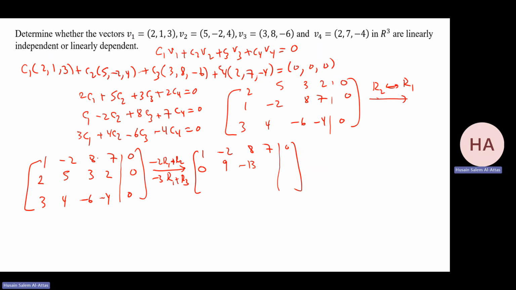What strange numbers. Minus 2 and add, minus 14 plus 2, that will be minus 12. Multiply by minus 3 and add, that will be 0. By minus 3 and add, that will be 10. By minus 3, minus 24 and minus 6, that will be minus 30. By minus 3 and add, that will be minus 25.